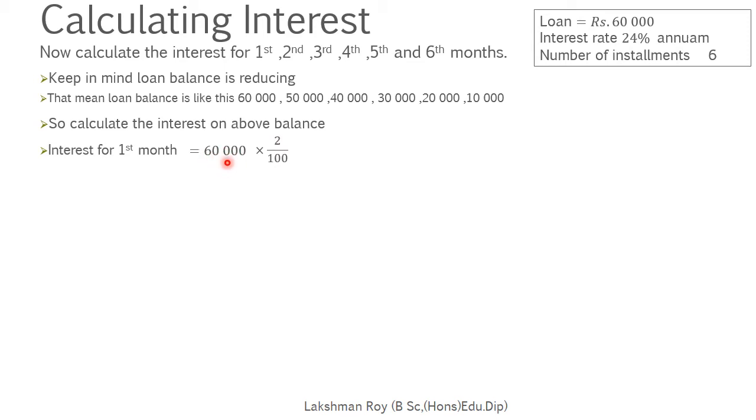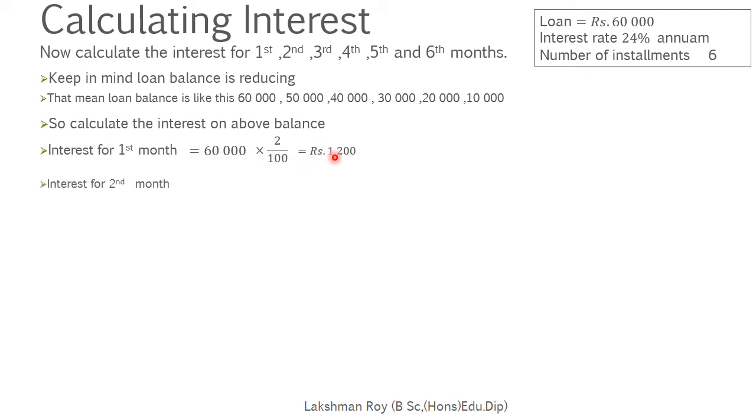So if you multiply 60,000 rupees by 2 over 100, you get the interest for the first month. You can divide both 60,000 and 100 by 100, then you get the interest for the first month as 1,200 rupees. So that is the interest for the first month.